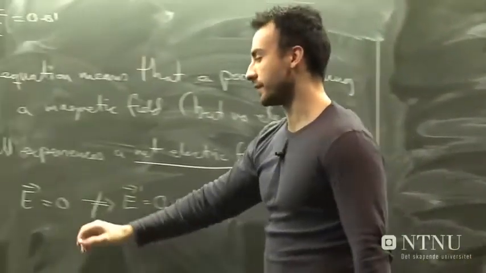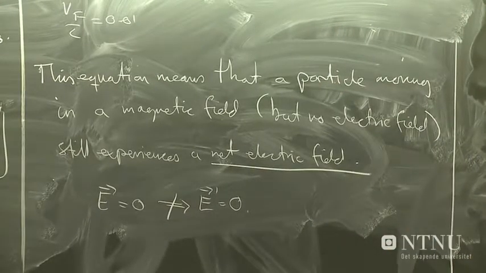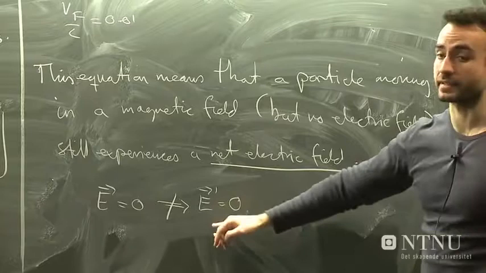So even if the electric field in our system is zero, the electric field experienced by the particle is not necessarily zero.